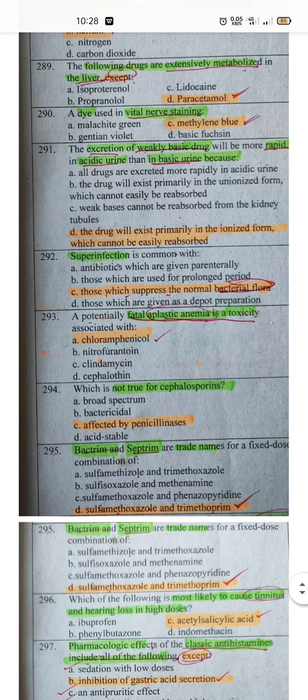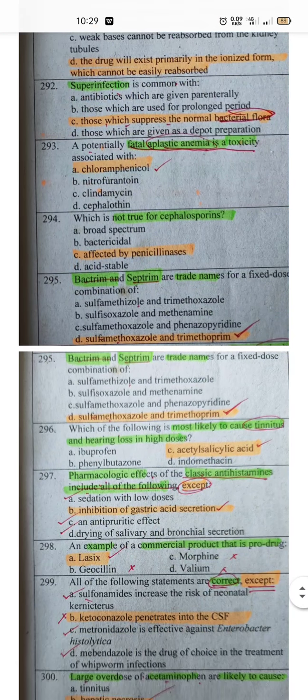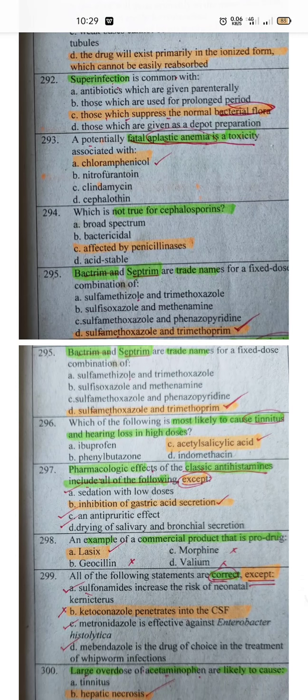292, superinfection is common with those which suppress the normal bacterial flora. 293, a potentially fatal aplastic anemia is a toxicity associated with chloramphenicol.